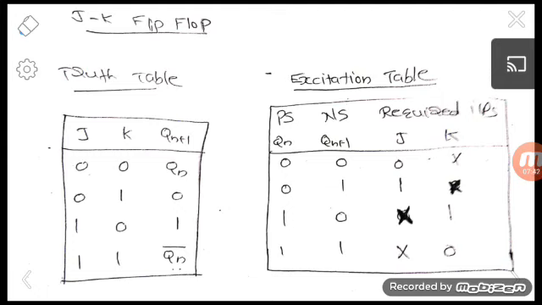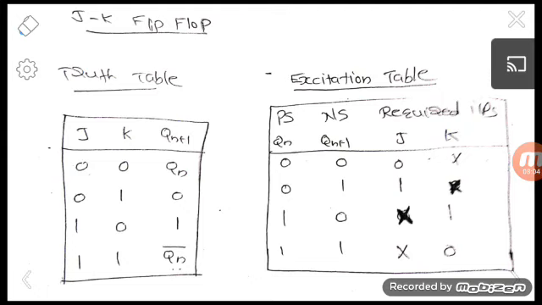For the first condition, 0 0, what are the possible inputs for a JK flip-flop? Here the output is not changing, so we can take the first condition, that is j equal to 0, k equal to 0.